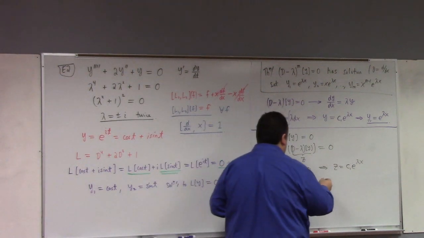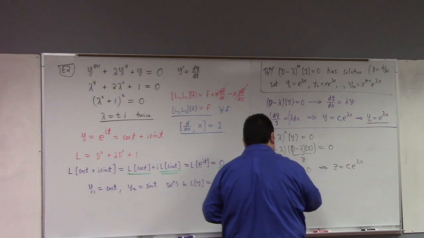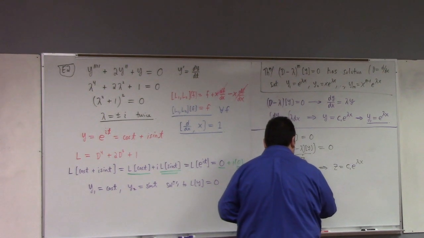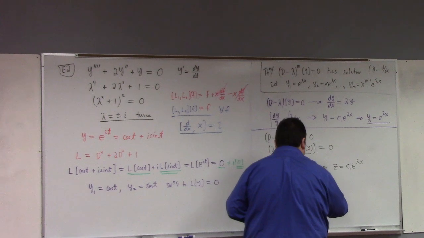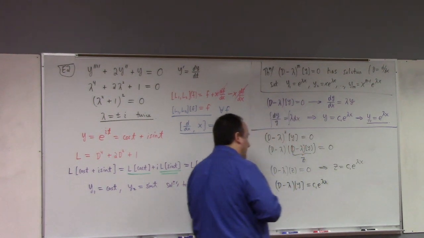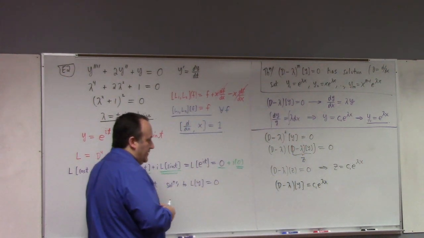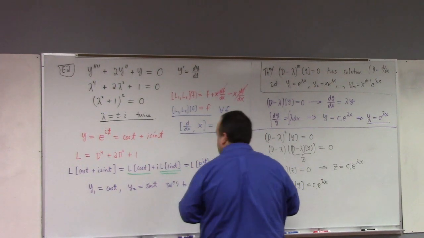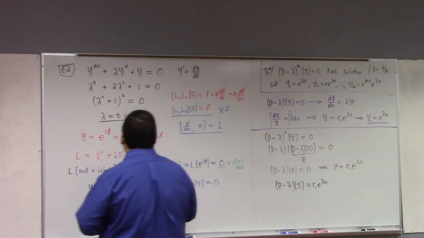Well, as we said, (D minus lambda) acting on y is equal to zero, but that's c1 e to the lambda x. Can we solve that? Well, I hate to erase all this.